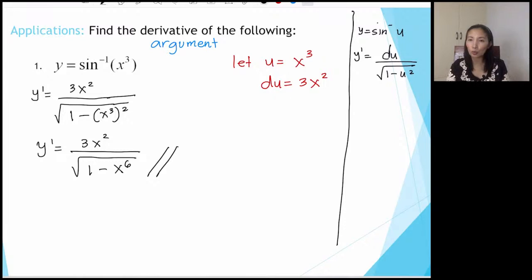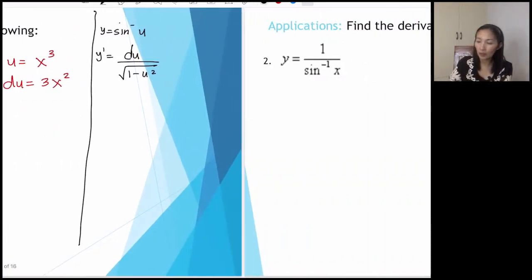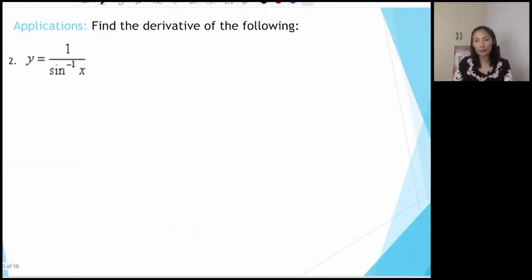Now, we proceed to the next problem. What about this? Y is equal to 1 over arc sine of negative x. Now, if you have this function, let's look into another function, not that one yet. 1 over sine x.